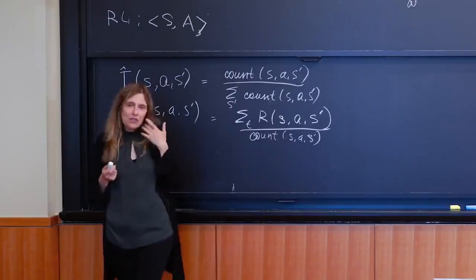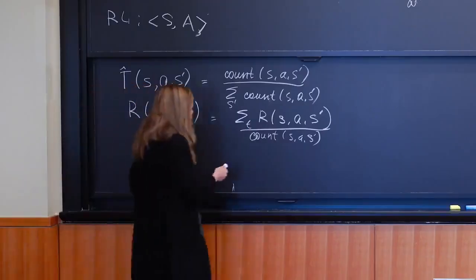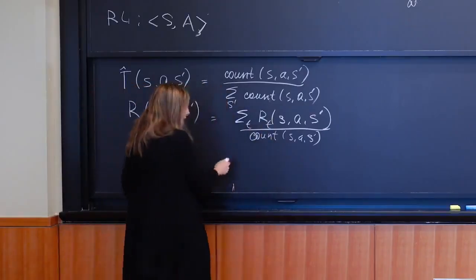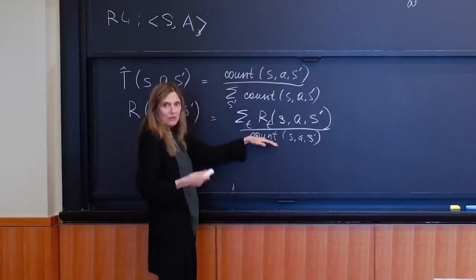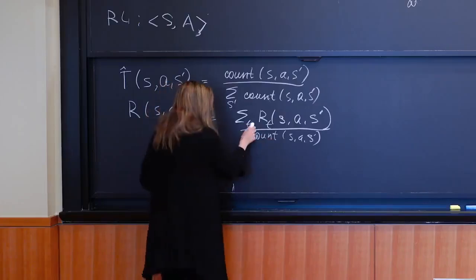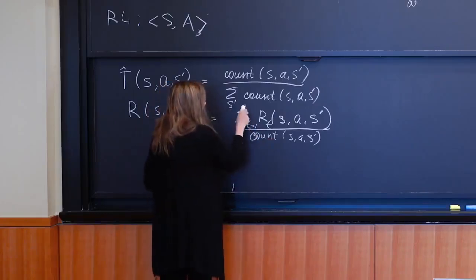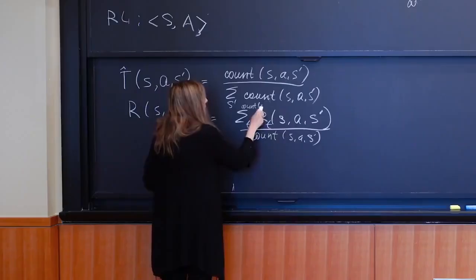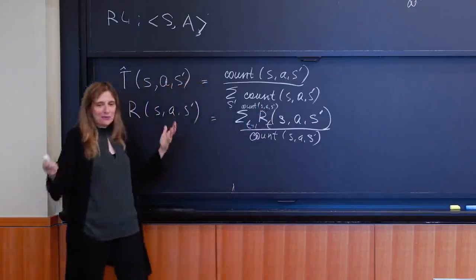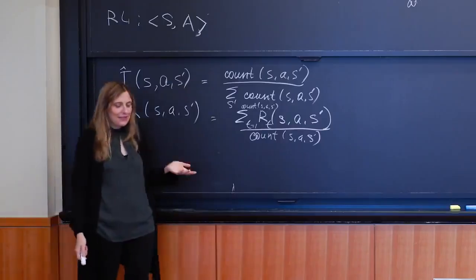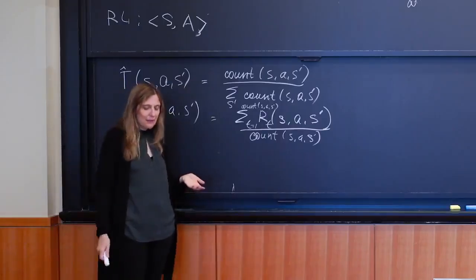So you can imagine here we'll say R_t, and t goes from 1 to this count, to how many times you did the transition. So it's very simple. Even though the formula looks long, it's really very simple. We just say take the average of rewards that you've collected.